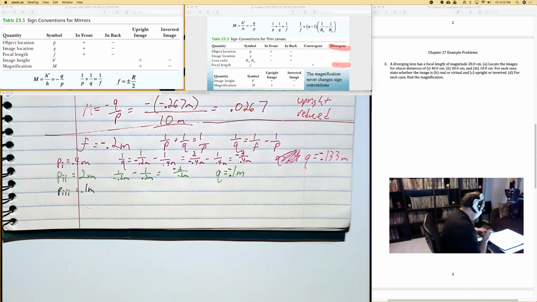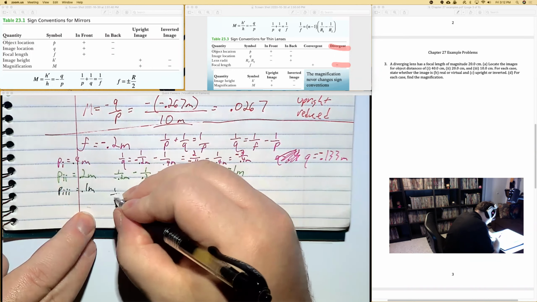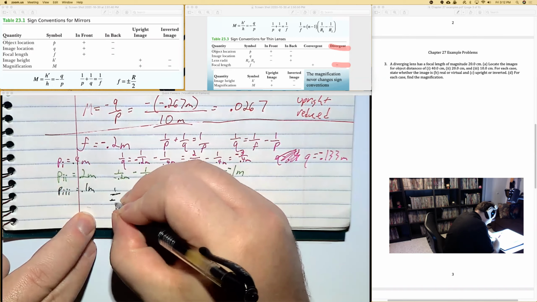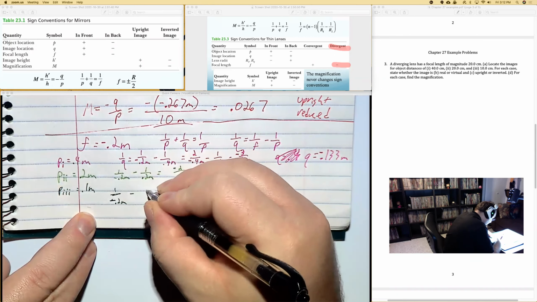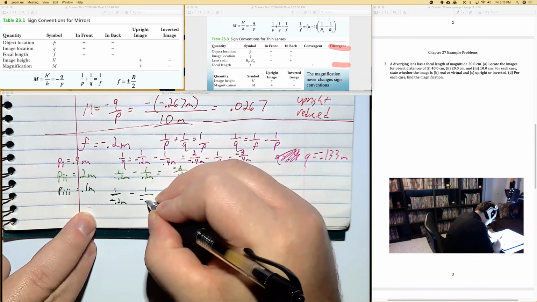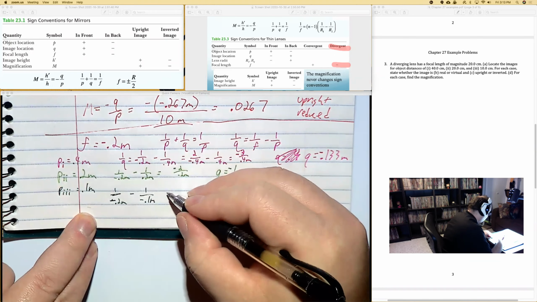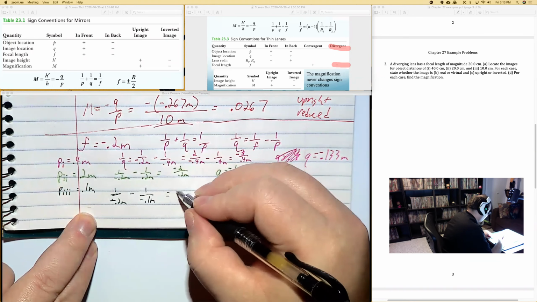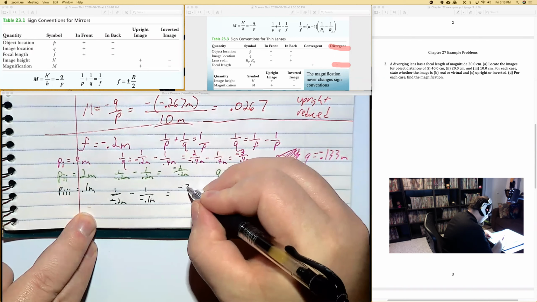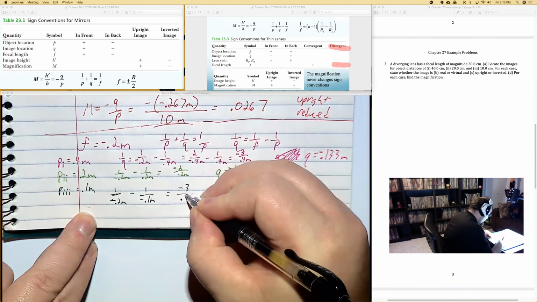For my black one, 1 over negative 0.2 meters minus 1 over negative 0.1 meters, which is going to be 2 negative 3 over 0.2 meters.